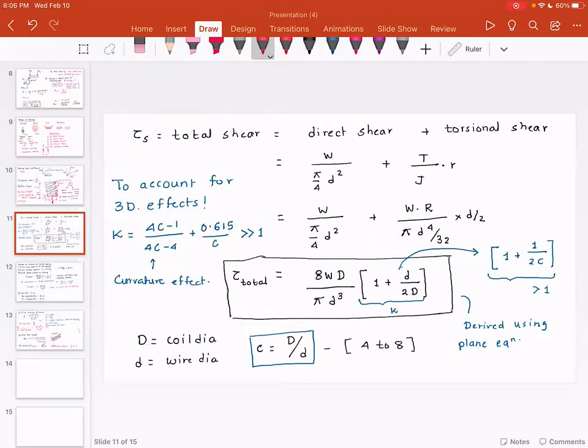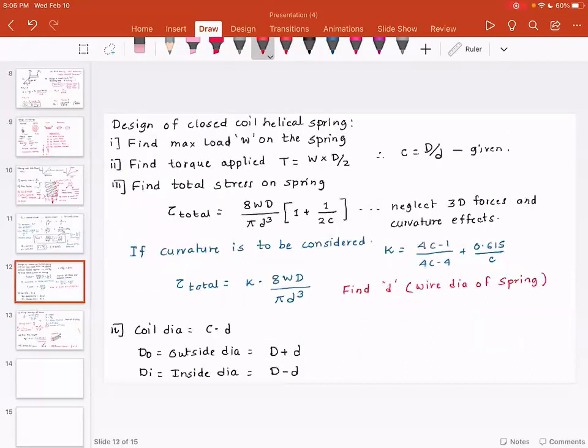And then the procedure for spring design is starting with load determination, torque determination, finding out the total stress. If they give you the spring material, typically spring steel, you will know the value of tau max or tau design, and you can find out the wire diameter d and the coil diameter D. With that information, you can find out the outside diameter and inside diameter.